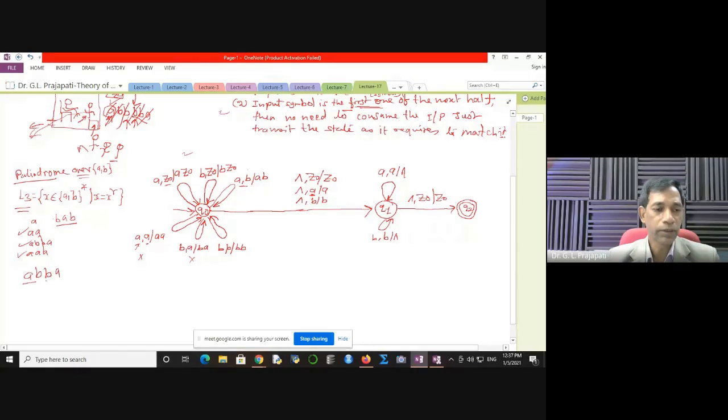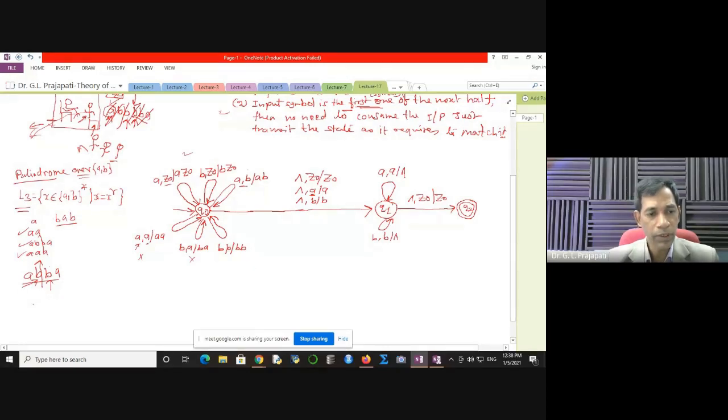This is actually an even length string, as we have seen earlier, and you did it by guessing that this symbol is still in the first half, so you require to save it, and this is the first symbol of the next half, so you don't require to save. You transit the state without consuming the input, and later you need to match this symbol with the stack symbol. So this was the assumption.